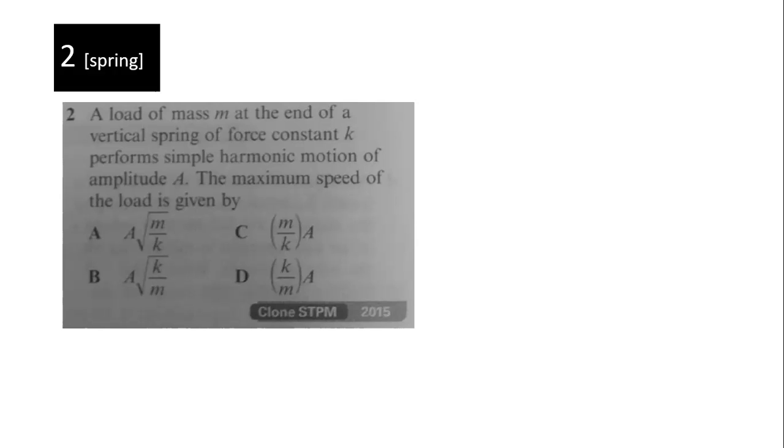Oh no, this one I memorized. In the exam there are memorized ones. I always see A times the square root of k over m. I didn't look at the answer; I always see this answer in school, they always write it, so I know that was the answer. Cannot memorize. Too many things to memorize. How to calculate the maximum speed?